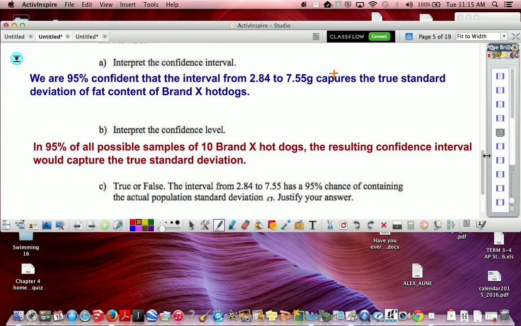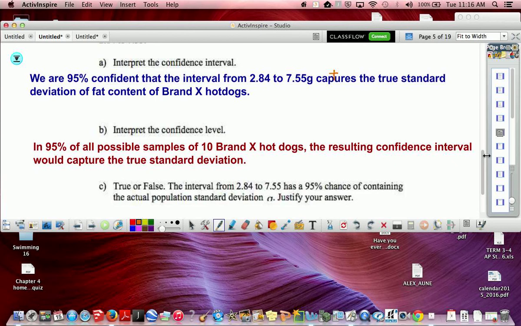In fact, what are the possible probabilities that this interval captures the true mean? Give you a hint, it's only one of two answers. What's the probability if the mean is actually in there? If it actually captured it, what's our probability?